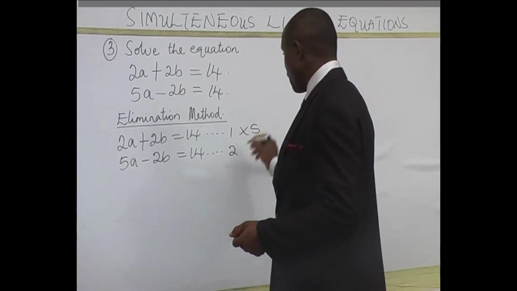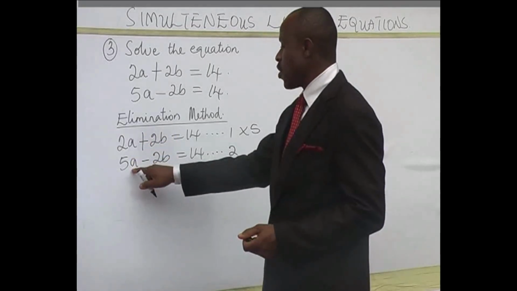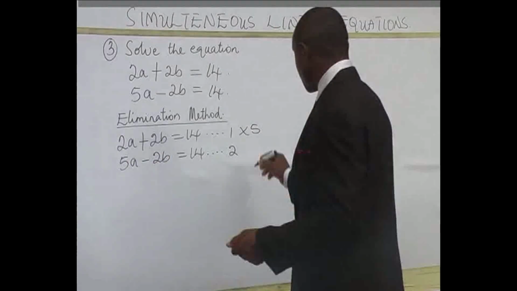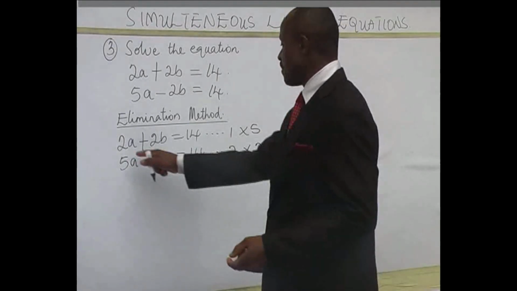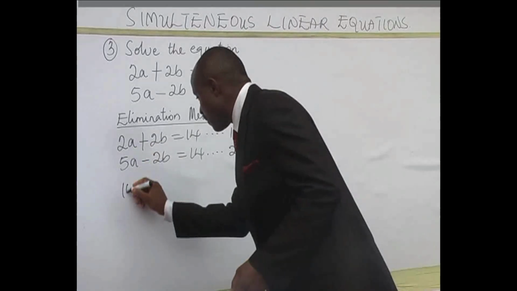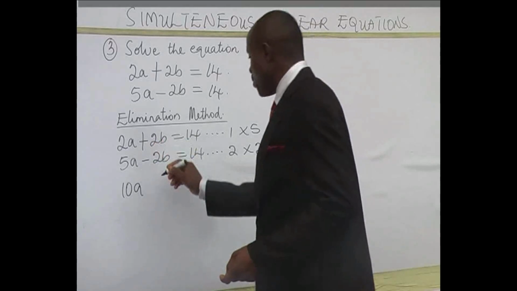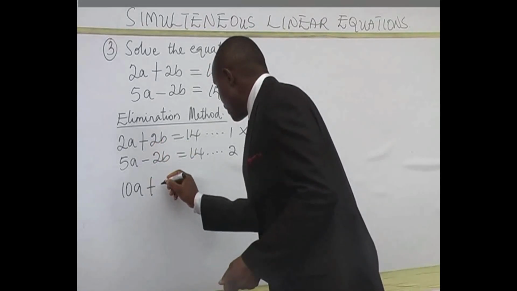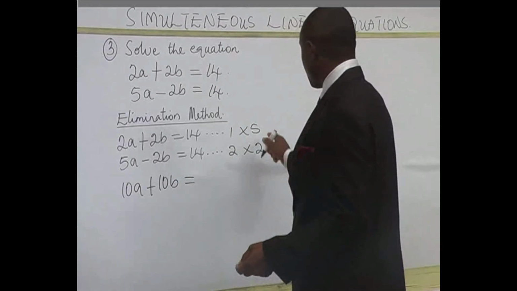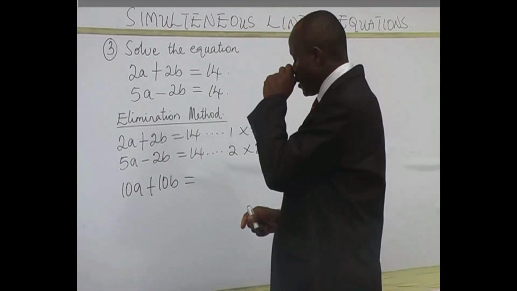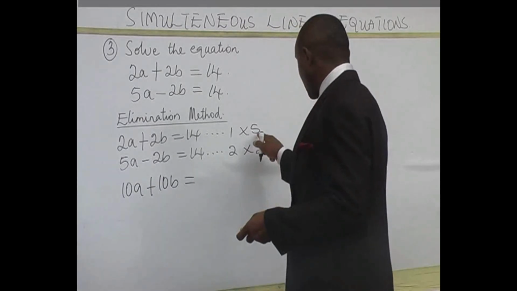Then multiply equation 2 by the coefficient of a in equation 1, which is 2. 5 times 2a will give you 10a. 5 times 2b will give you plus 10b. Is equal to 5 times 14 will give you 70.